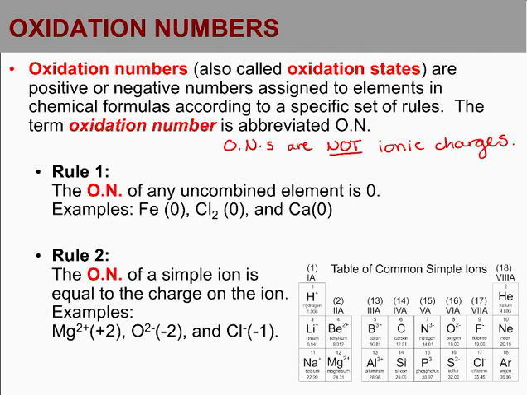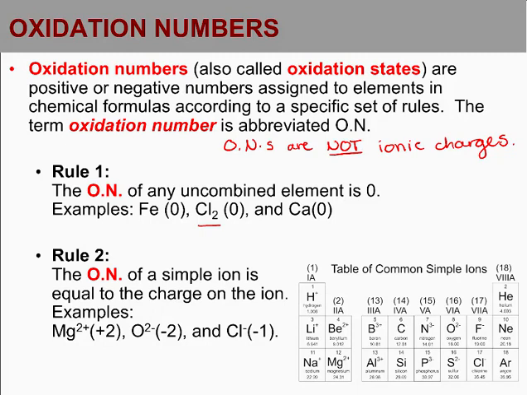It hasn't gained or lost electrons. So for example, if we just have pure iron, we would assign a value of 0. And then if we have pure chlorine, which exists as a diatomic molecule, we would also give that a value of 0. Or if we had pure calcium, we would give that a value of 0.